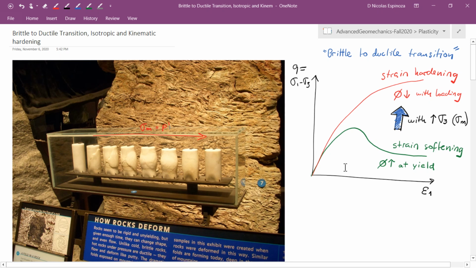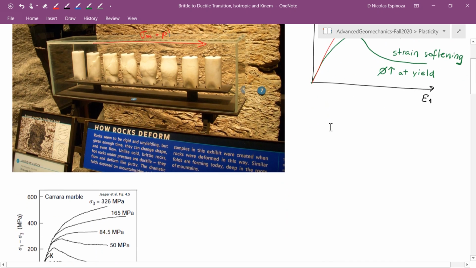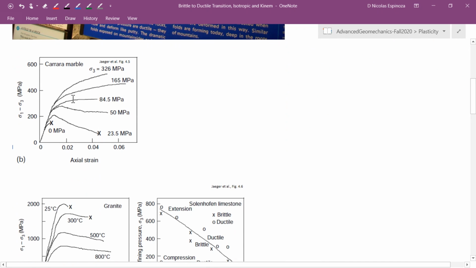Okay, the mean stress is one of the factors that can cause this brittle to ductile transition. There are some other causes that can cause this same type of transition. And let me show I have two examples. The first one is just with increase of mean stress.